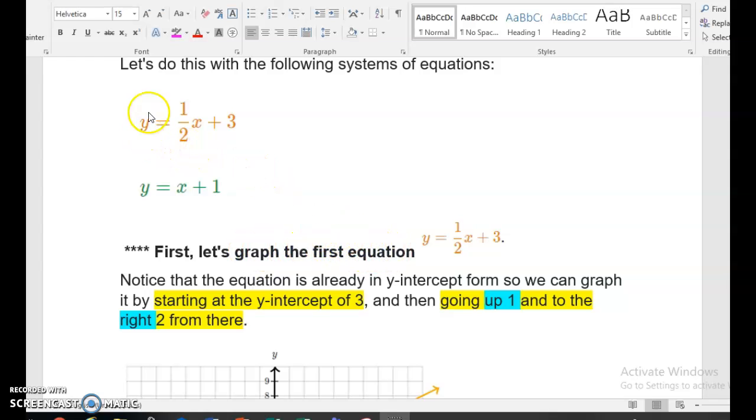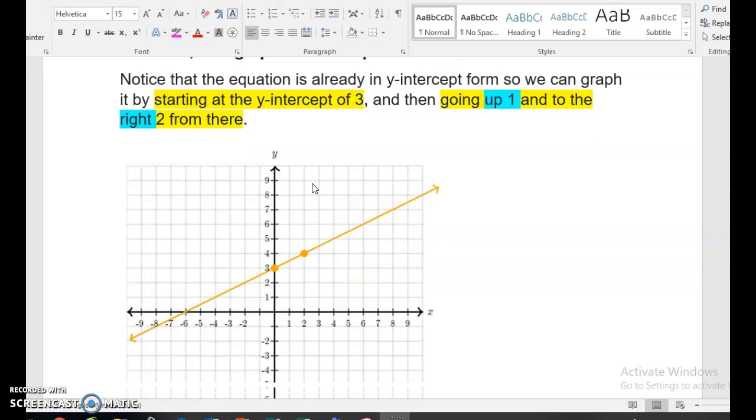To graph the first equation, you have to identify the y-intercept, which is on the y-axis, 3. Then this is the slope, 1/2. So let's look. The y-intercept is right here at this point.